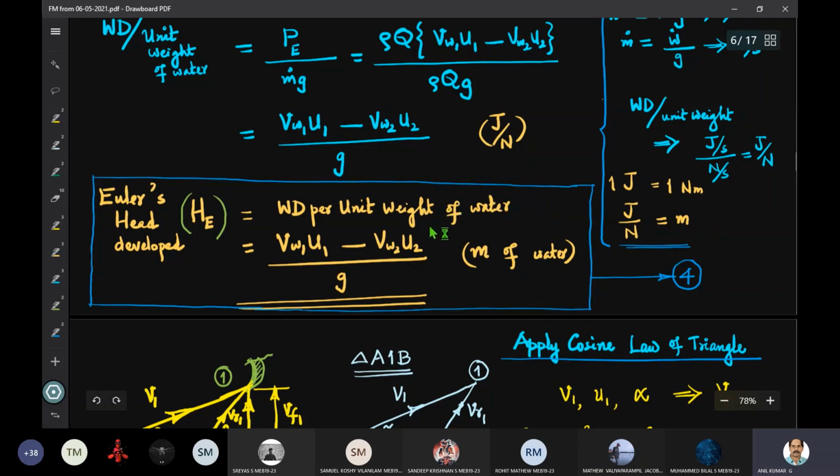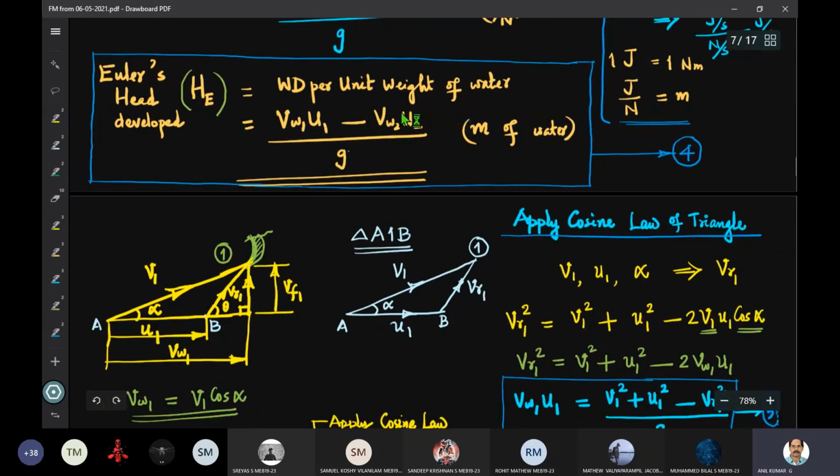In the context of a hydraulic turbine, it is work done per unit weight of water, and that is (VW1 U1 minus VW2 U2) divided by g. Either you can write work done per unit weight, joule per Newton, or it is meters of flowing fluid, so meters of water in the context of a hydraulic turbine. So Euler's head developed or head impressed by water on the runner is (VW1 U1 minus VW2 U2) by g.